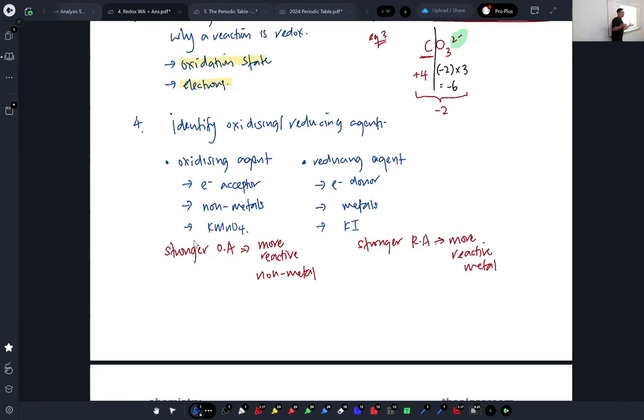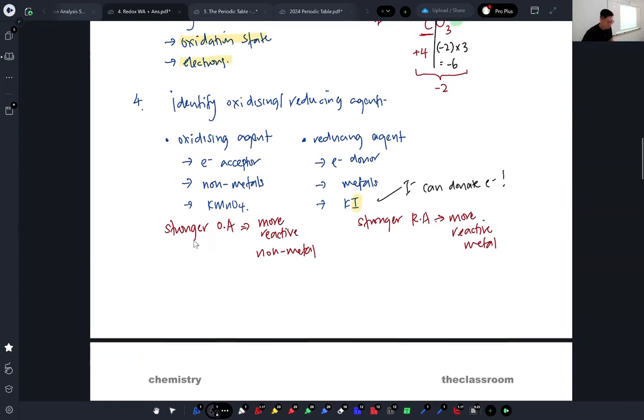We will cover this extensively under the chapter of organic chemistry. And KI is a very common reducing agent. Why? The iodide ion can donate electrons. Iodide ion touches another person, iodide gives the electron away, then the other guy gets reduced. So potassium iodide is a common reducing agent.